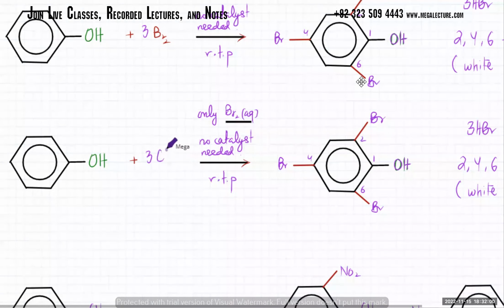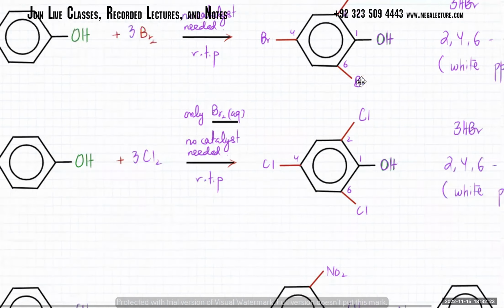अच्छा, this one it's Cl2. All of the 3 atoms getting attached, that's going to be Cl on 2, 4, 6 positions, and it's going to be a 2,4,6 trichlorophenol.